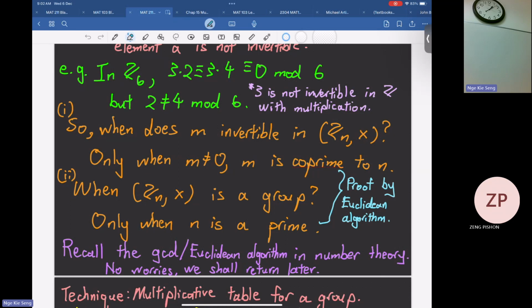So Z_n with multiplication is a group only when n is prime. So a field means, in other words, a field has to be an abelian group under addition and a multiplicative group too, depending on non-commutative and commutative. So it is a group in the sense of both addition and multiplication. Okay, that is a field.